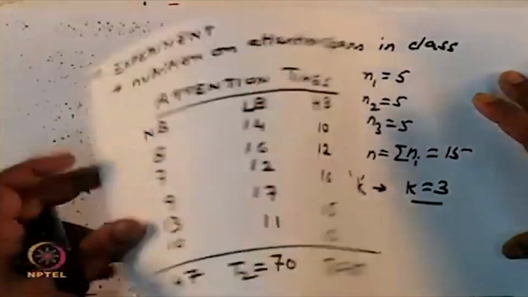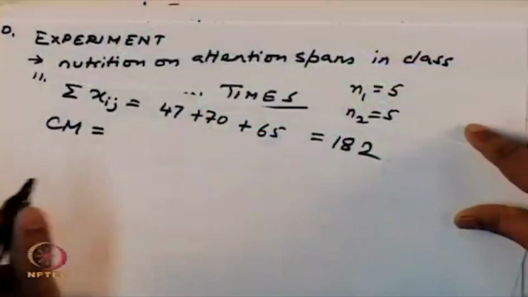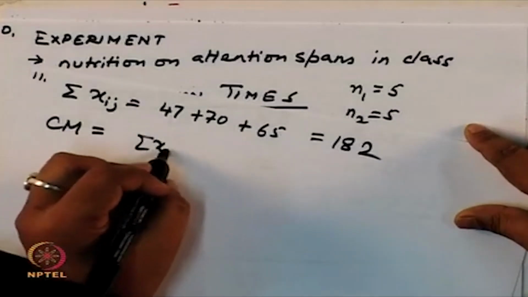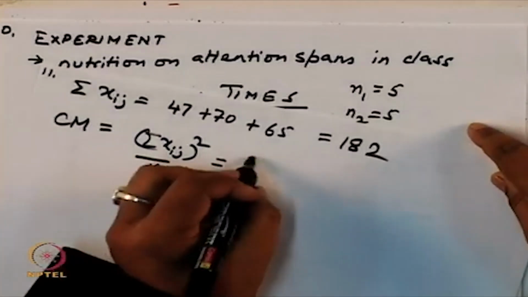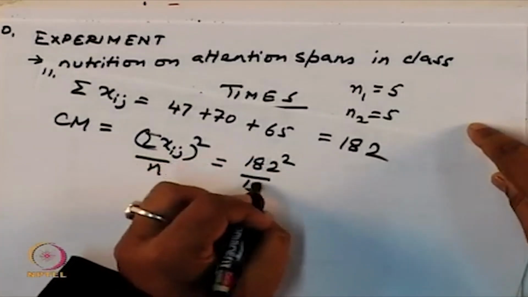So, summation Xij is you add up all these values, which should come out to be 47 plus 70 plus 65, equal to 182. So, your Cm, the correction for the mean, is summation Xij whole square by n, which should come out to be 182 square by 15.